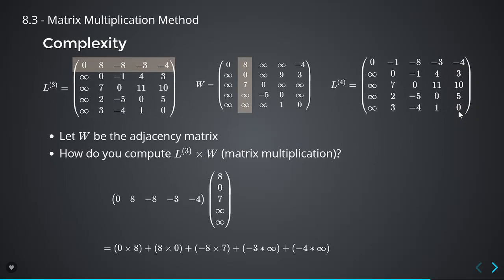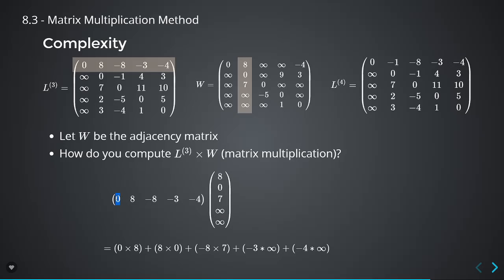When we talk about the complexity of this algorithm, do you remember how to do matrix multiplication? If I want to compute L3 times W as two different matrices, how do you do that? Well, to get the cell 1, 2, you will have to do these calculations, right? You have to do 0, 8, minus 8, minus 3, minus 4 times 8, 0, 7, infinity, infinity.